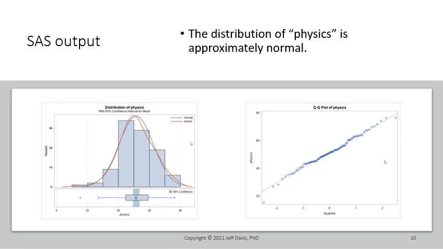Looking at our histogram, the histogram represents our actual data, in this case for the variable physics. The two lines you have here: the blue line represents a perfect normal distribution. The red line is what we call a kernel distribution, and that's going to follow the histogram a little more closely.